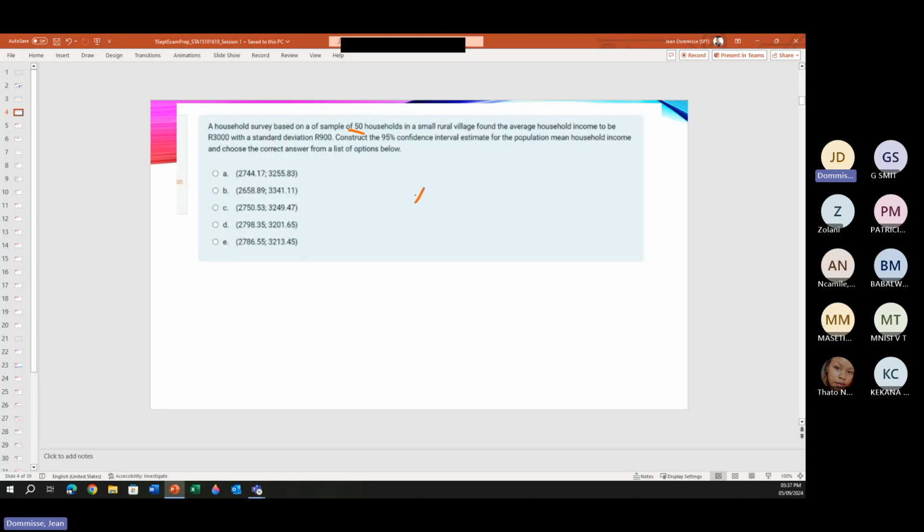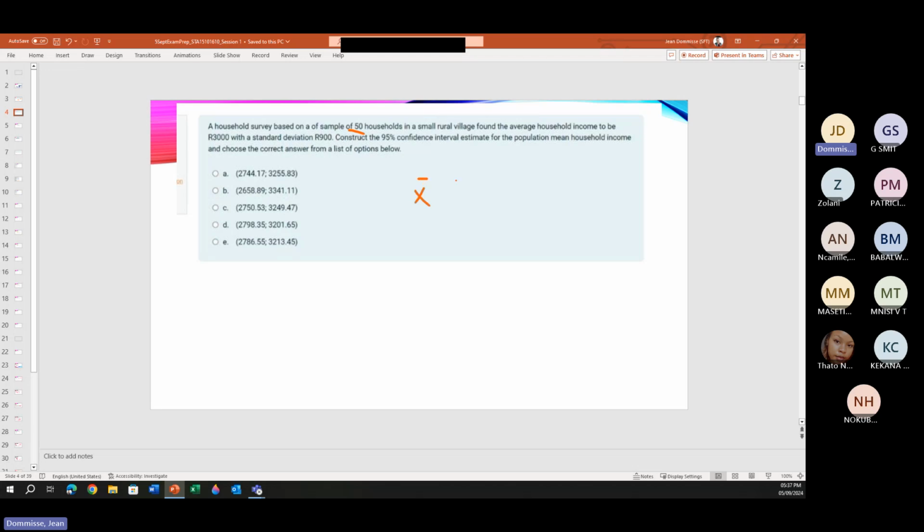So nearly the first thing I will normally do is to say, okay, we're working with a confidence interval. It might be that we need to work with a Z, or we might need to work with a T. Z is when the population standard deviation is known. T is when it is unknown. So let's look again at what they tell us.